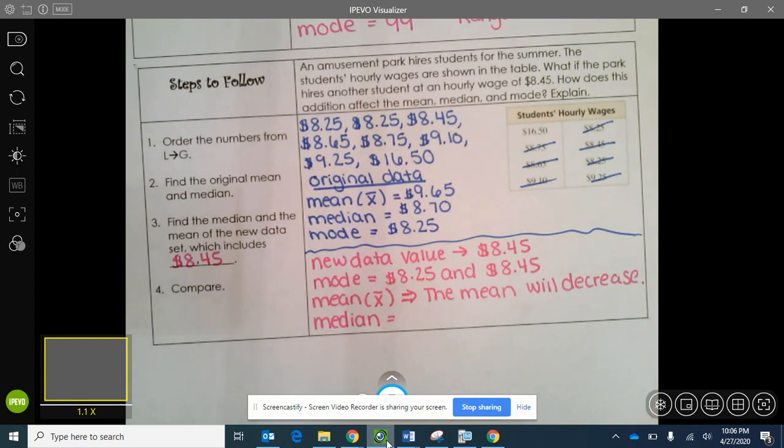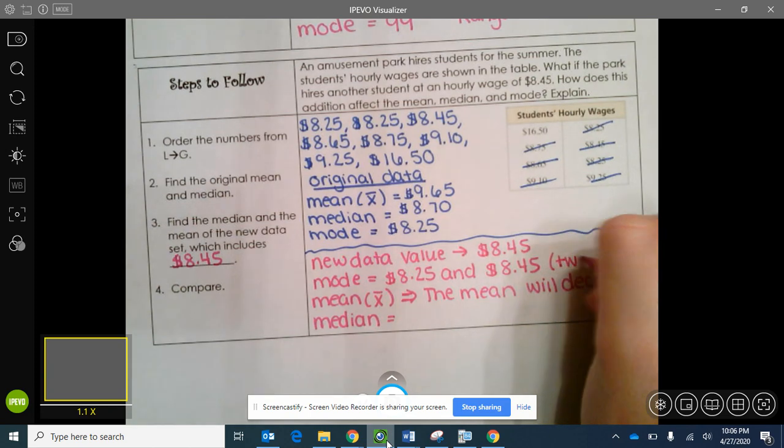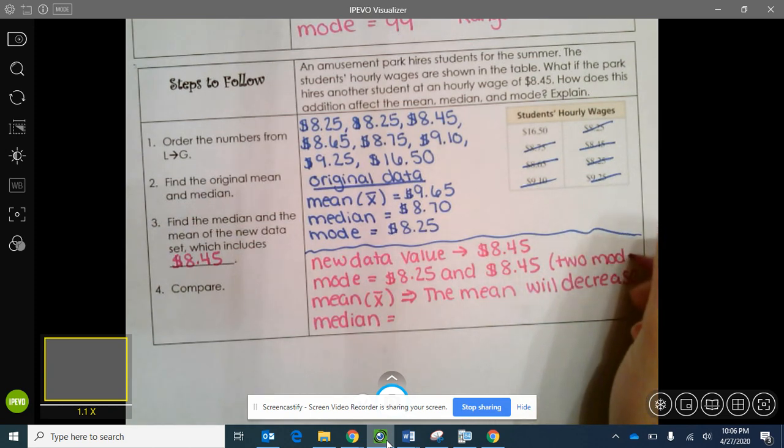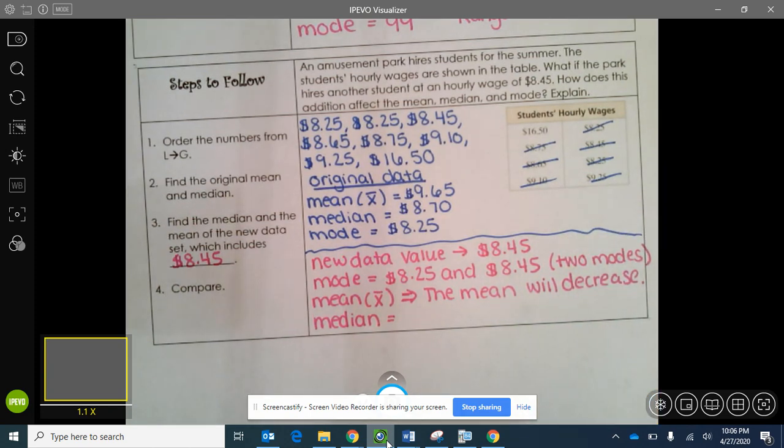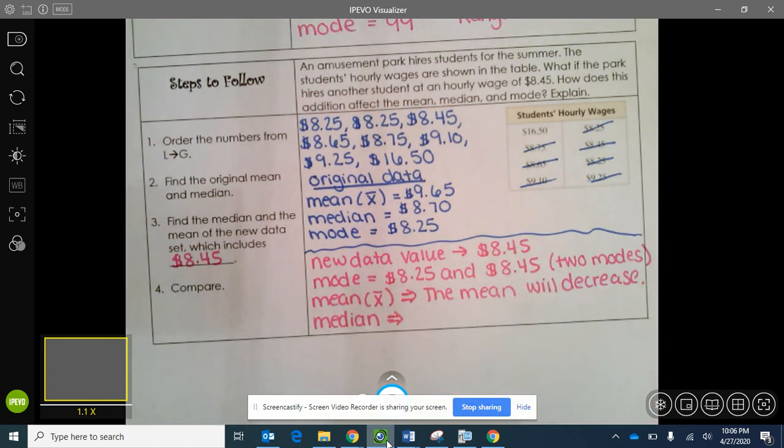Now, they didn't ask us, what is the new mean? They just asked us to explain what's going to happen. So the mean's going to decrease. Now, for my modes, I went from one mode to having two modes. And for the mean, so far I know the mean will decrease. All right, let's look at our median. Same thing, and the little trick is, if you look at your original median, my original median was $8.75.